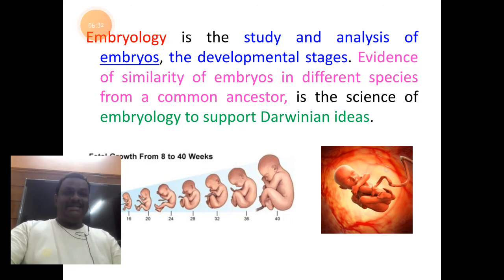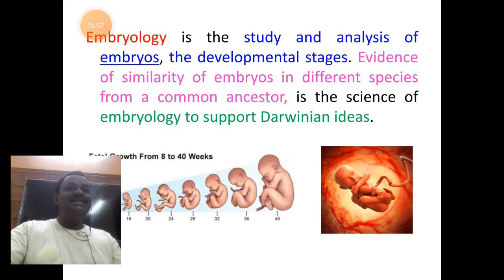The second part, first part is evolution. The second part is embryology. Embryology is a study and analysis of embryos, the developing embryos and the developmental stages of different organisms. Most vertebrates show similarities with the embryonic stages.